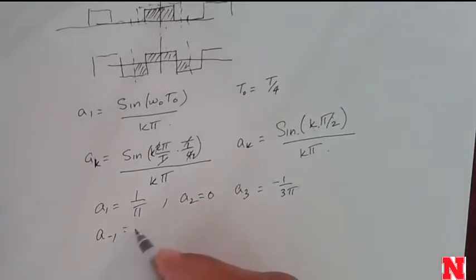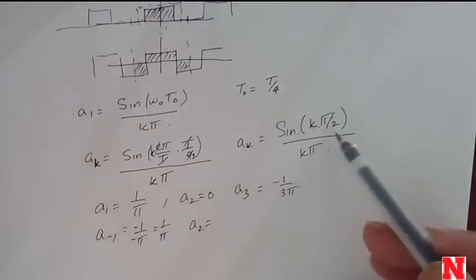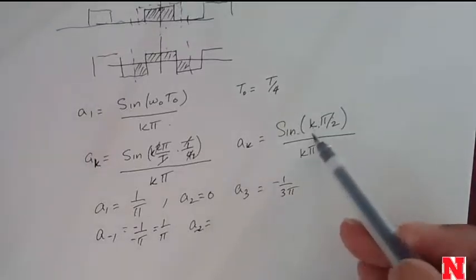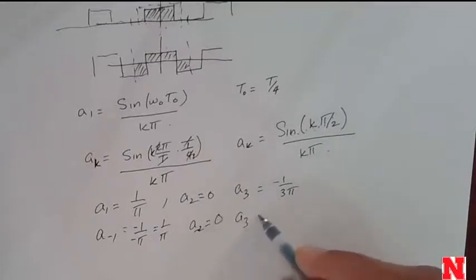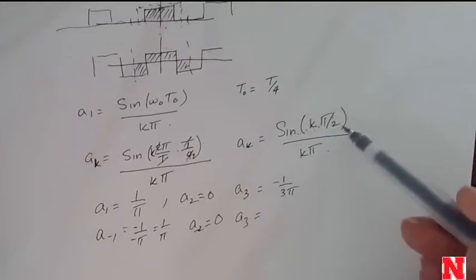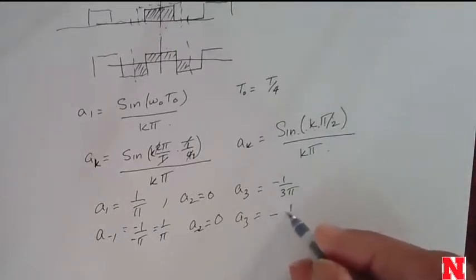So this will be minus 1 over minus pi, or 1 over pi. A sub minus 2 is sine of minus pi, which is 0. So this is 0. A sub minus 3 is sine of minus 3 pi over 2. So that's 1 divided by minus 3 pi. So this is minus 1 over 3 pi.